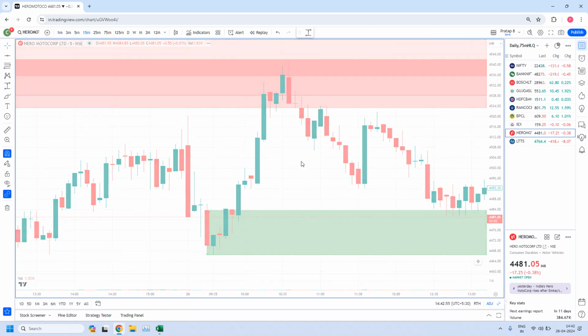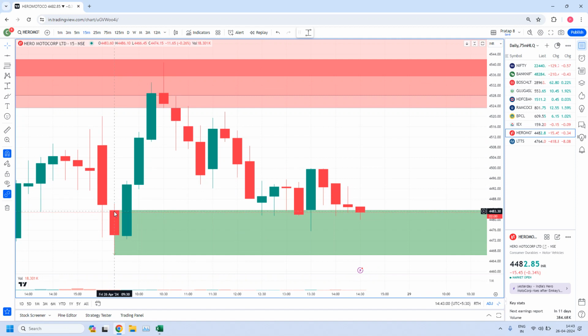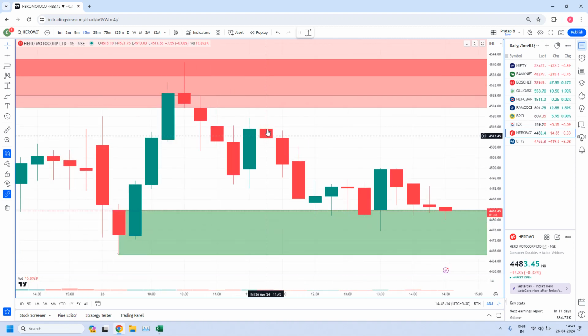So let me go to the 15 minutes time frame. Here you have a drop, base, rally and follow through candles. This is the target zone. And this target zone is reached at around the 12:30, 15 minutes candle. And this is a very excellent trade.